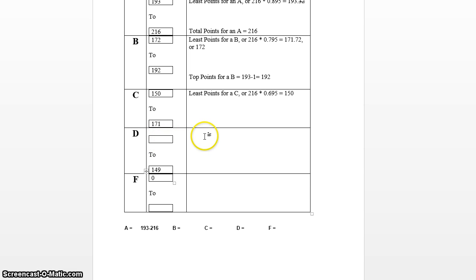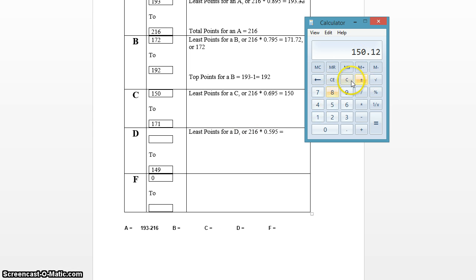So we're almost done. I think we have one calculation left. Let's see how this works. You'll see what I mean. I've done this enough to know. So the least points for D is also 216 total times 0.595. Let's do that calc. Let's see what we're looking at.